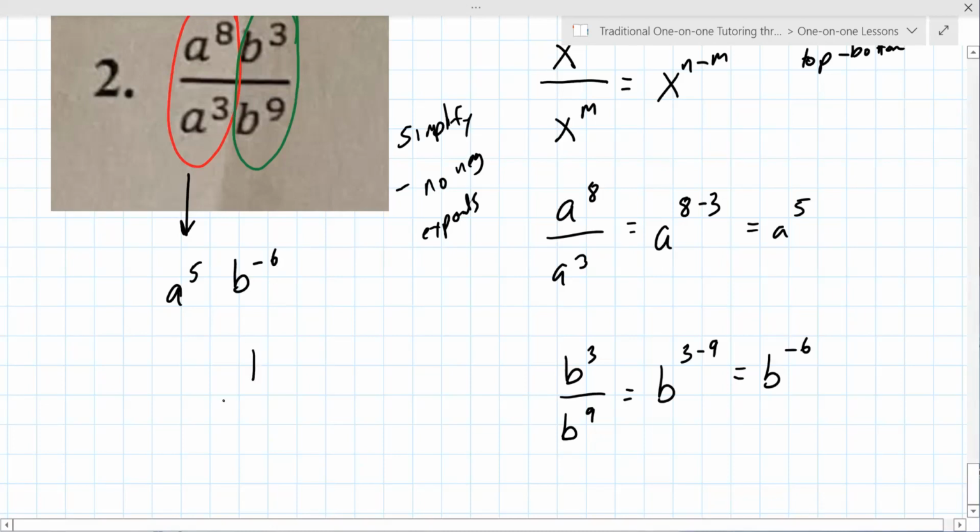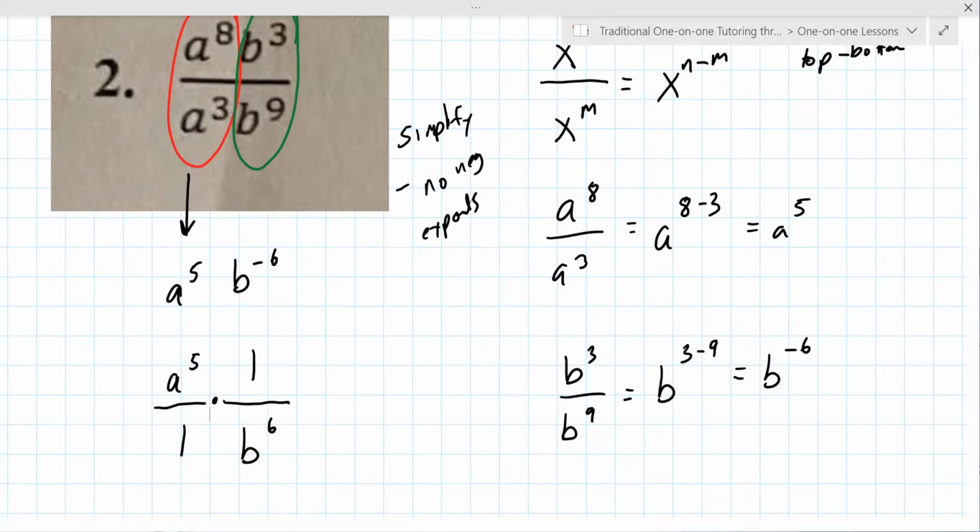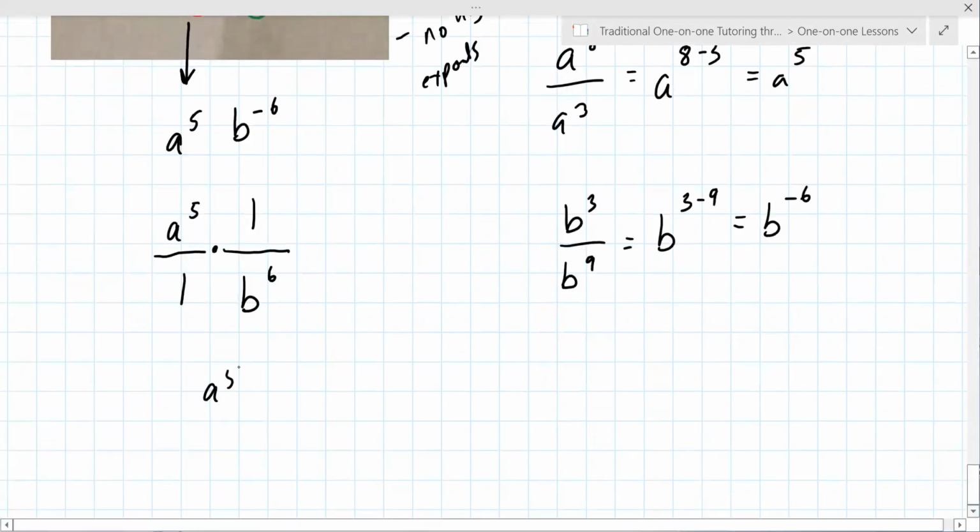So you write it as 1 over b to the 6th. And the a to the 5th is really a to the 5th over 1. So now you can multiply the tops and multiply the bottoms. So that becomes a to the 5th over b to the 6th.